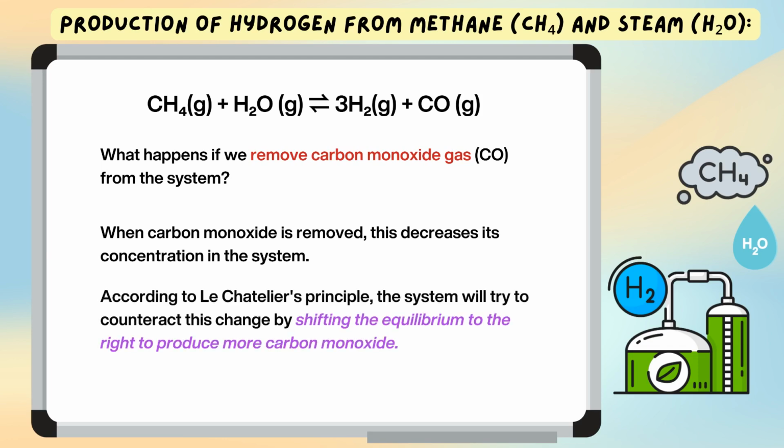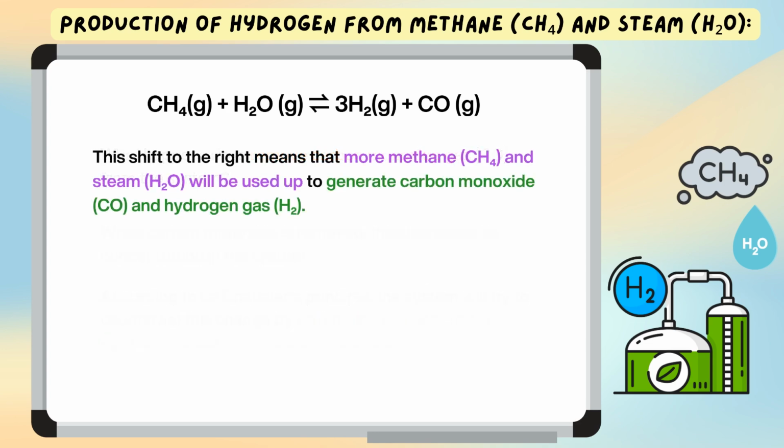According to Le Chatelier's principle, the system will try to counteract this change by shifting the equilibrium to the right to produce more carbon monoxide. This shift to the right means that more methane, CH4, and steam, H2O, will be used up to generate carbon monoxide, CO, and hydrogen gas, H2.